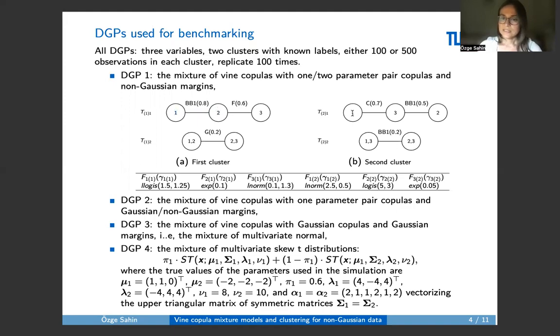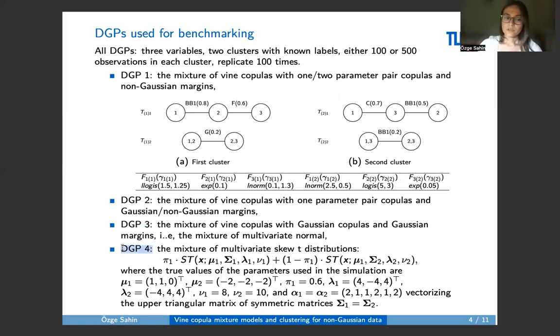In the second cluster, the highest dependence is between the first and third variable. There is asymmetric tail dependence between some pairs of variables, and there are some heavy-tailed margins. This is true for the first data generating process. In the third one, we are simulating from a mixture of multivariate normals using the vine copulas, because we can express it.